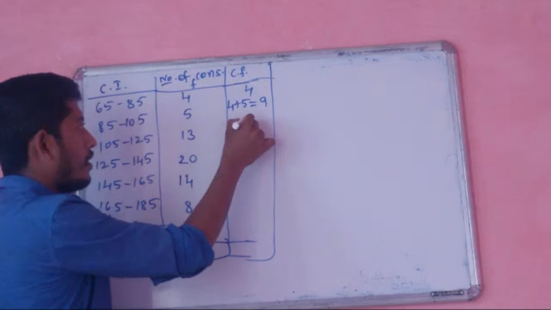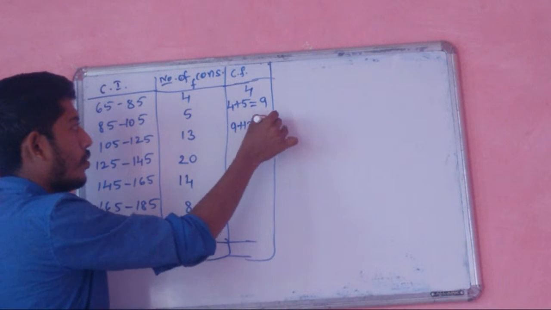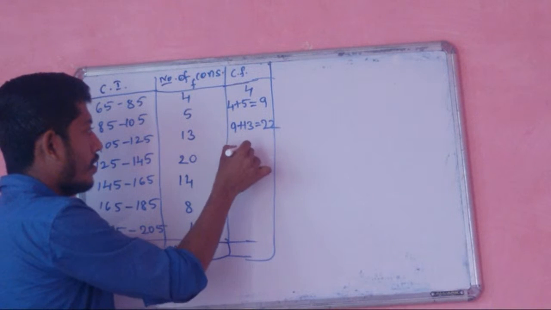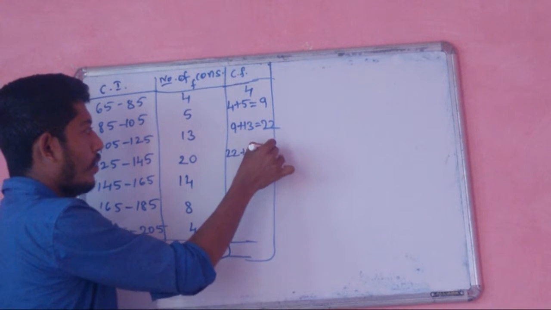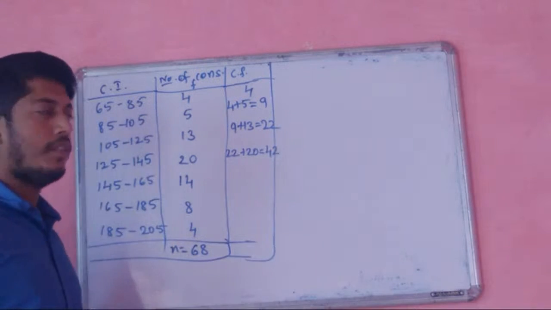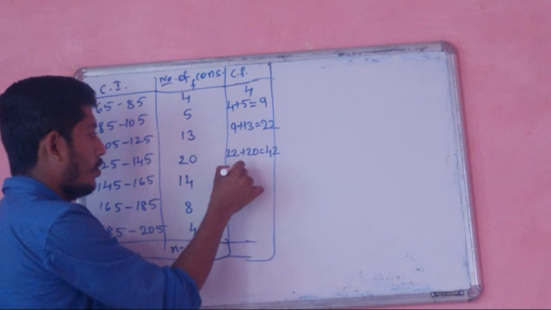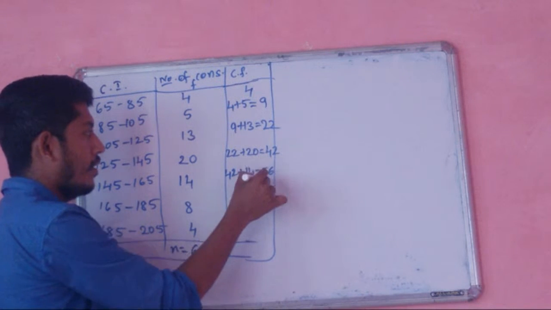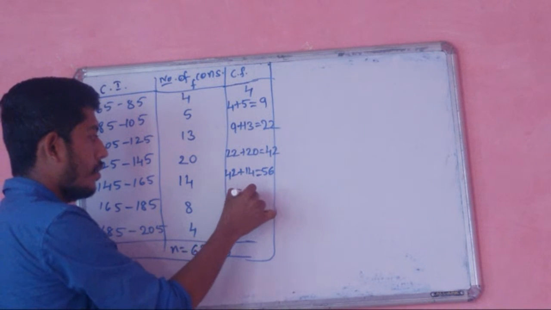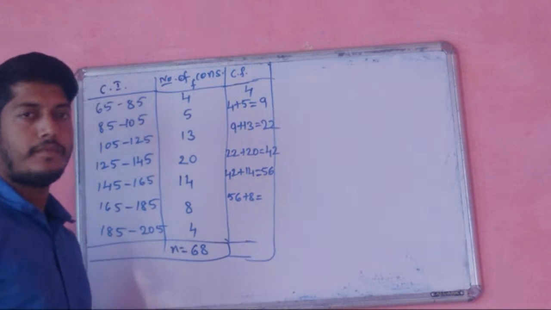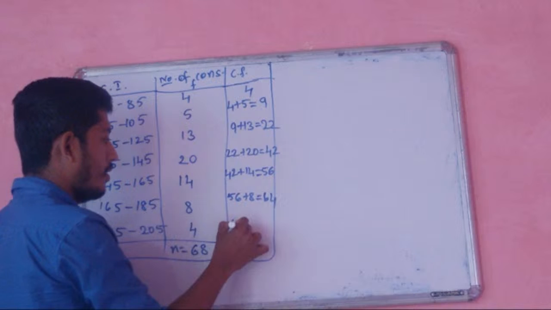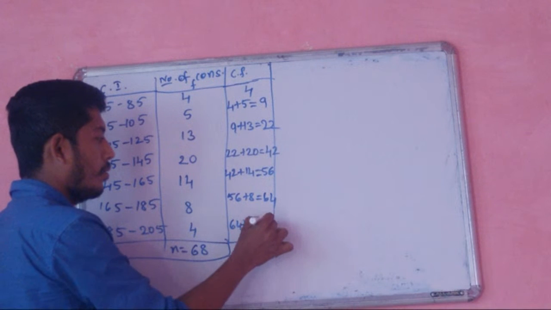Then 9 plus 13, it gives 22. Then 22 plus 20, it gives 42. Then 42 plus 14, it gives 56. Then 56 plus 8, it gives 64. Then 64 plus 4, it gives 68.